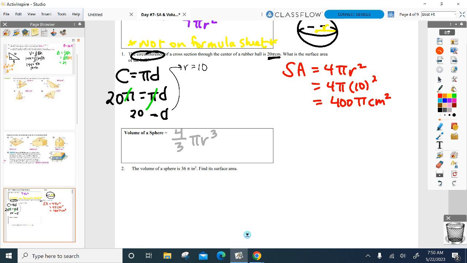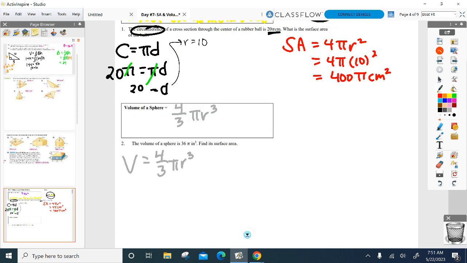The volume of a sphere is 36 pi. What's its surface area? What's the only value you need? Radius, right? I can get that from the volume formula. So the volume, 4/3 pi r cubed. Get me the volume here, or give me the radius. So the volume, 36 pi.